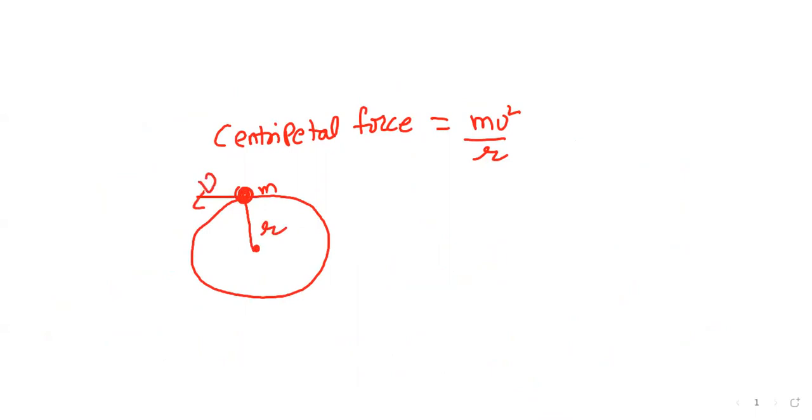Now the force acting on this particle is given by m times v square upon the radius of the circular path at which it is moving. So this is what the centripetal force is given by, right? Yes. So is this clear?